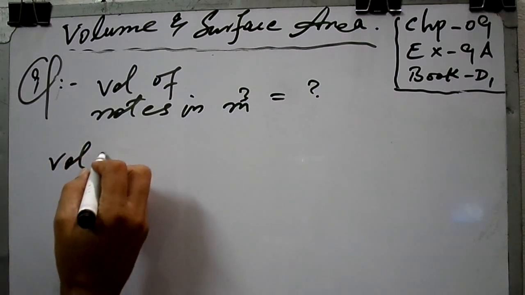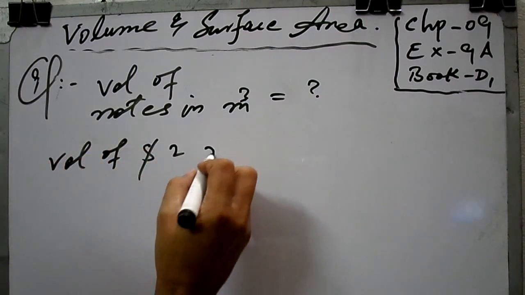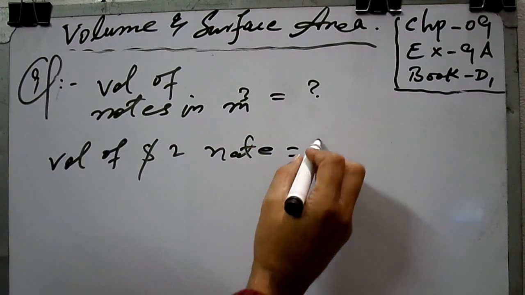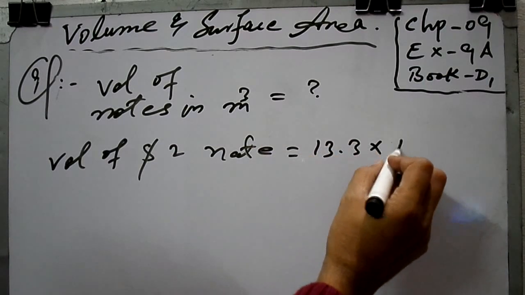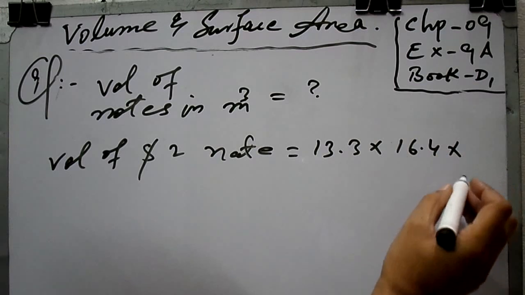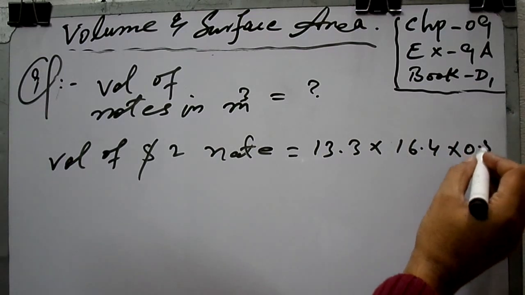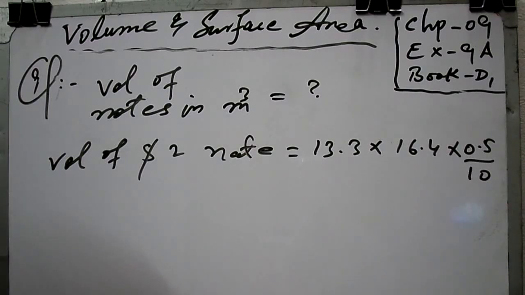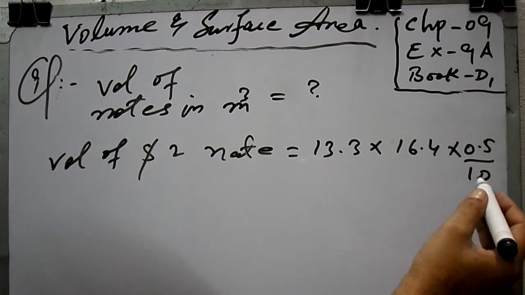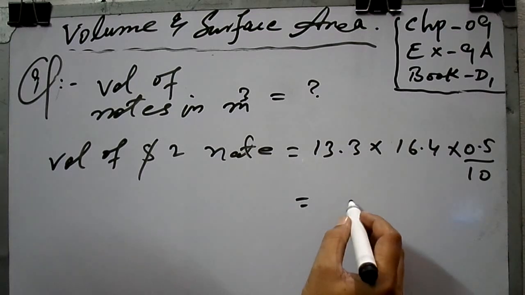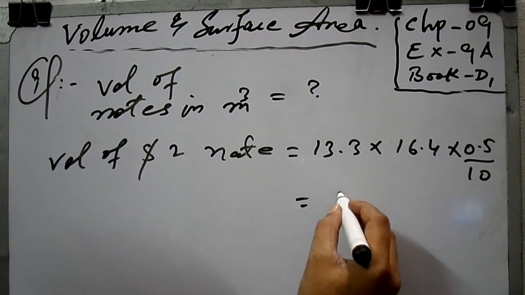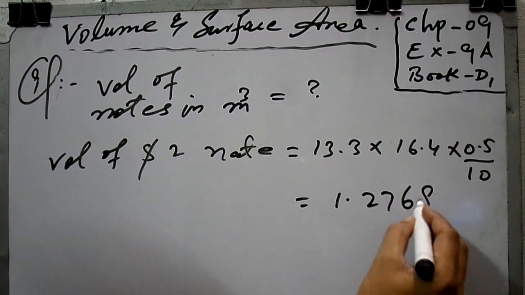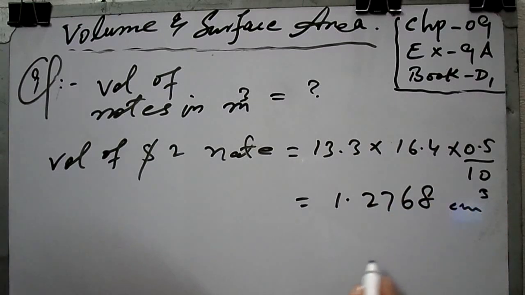So the volume of a $2 note is equal to 13 into 3 multiplied by 16.4 into 0.5 by 10, because these dimensions are given in our textbook in millimeters, and it should be converted. That is equal to 1.2768 centimeter cube.